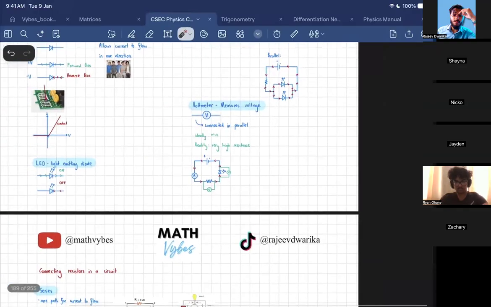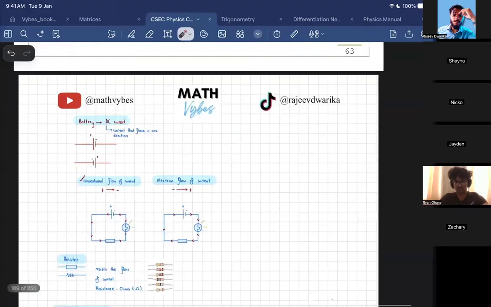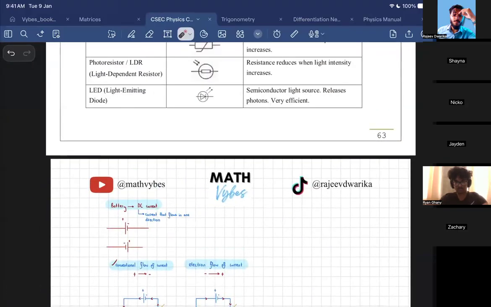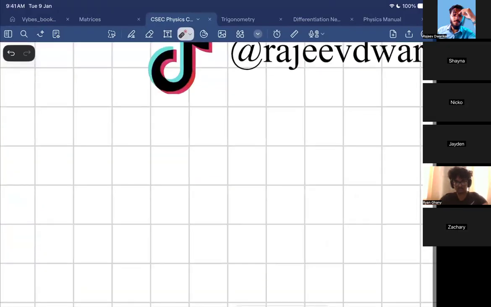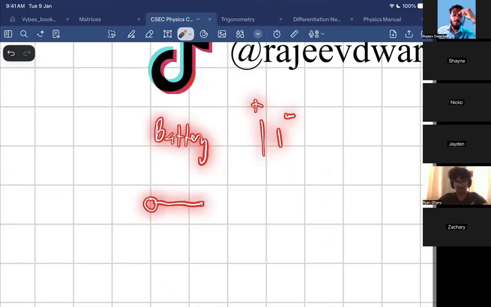Let's do a recap before we move on. What did we look at so far? Well, you guys should know what a battery is now. Alright, this is a battery. Does a battery produce alternating current or direct current? It's a pop quiz right now. Direct current. Cool. What's the name of this device? A switch.